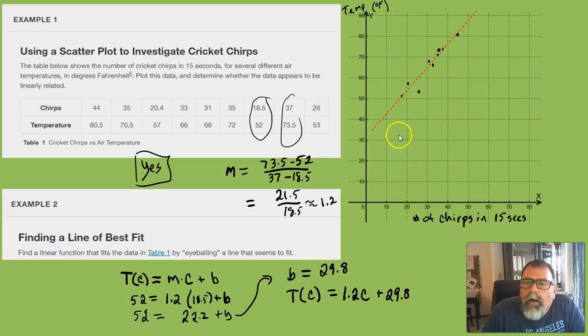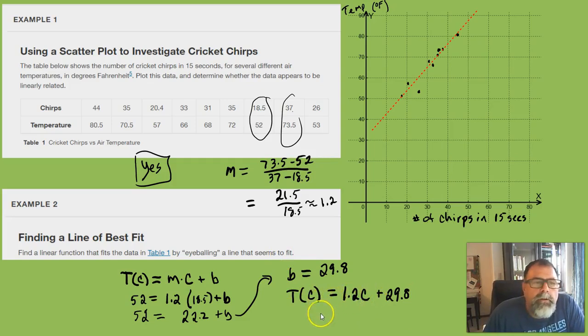Now that's a little off from what even I drew here because remember I was 1.16 and I rounded to 1.2, so that's going to be off a tiny bit from even what I eyeballed there. But anyway, now I can use this equation to predict how many chirps I'm going to get in a 15-second interval based on the temperature.